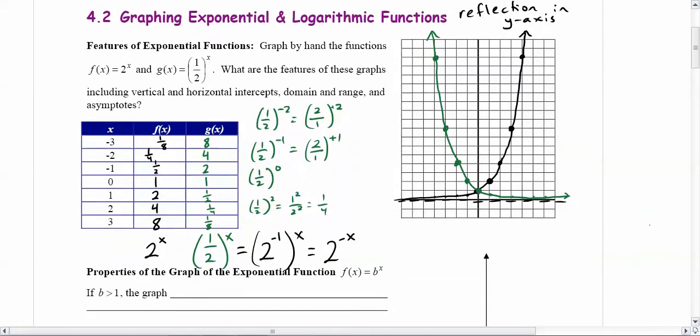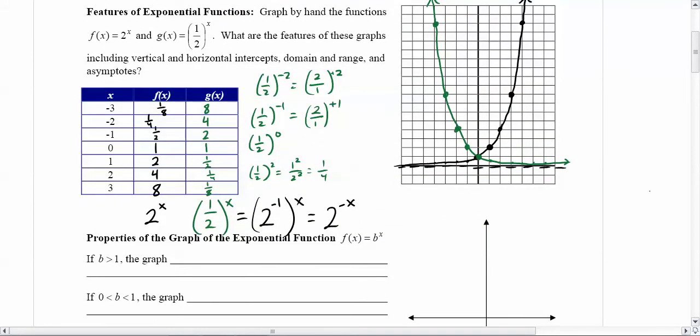Okay, so the general principle is that when you're graphing an exponential function, if b is bigger than 1, so if the base is a large number, then the graph increases as x increases. And it has a horizontal asymptote. And that horizontal asymptote is the line y equals 0, the x-axis.